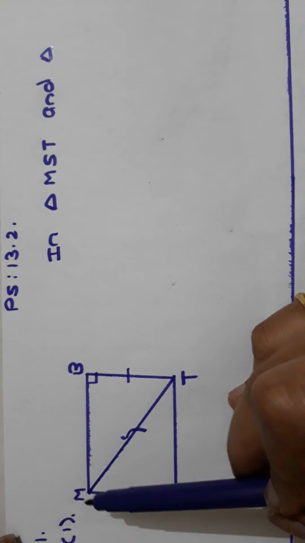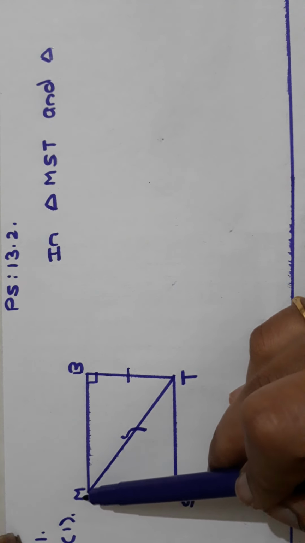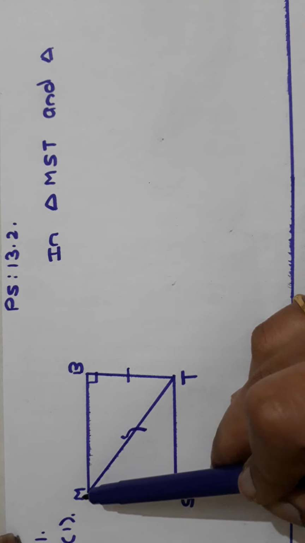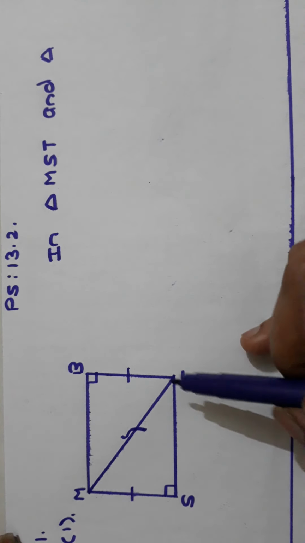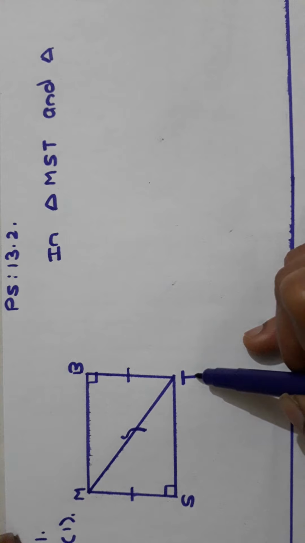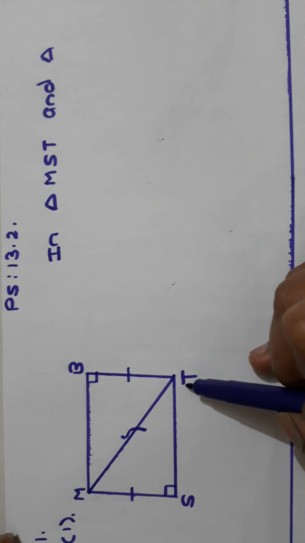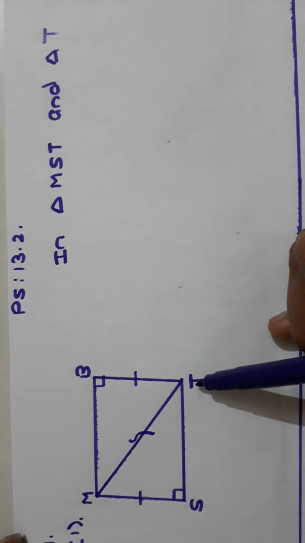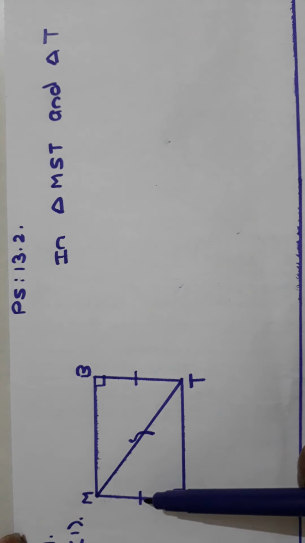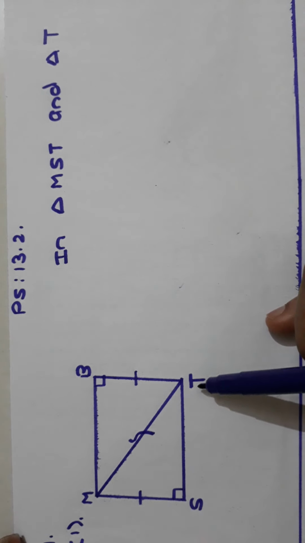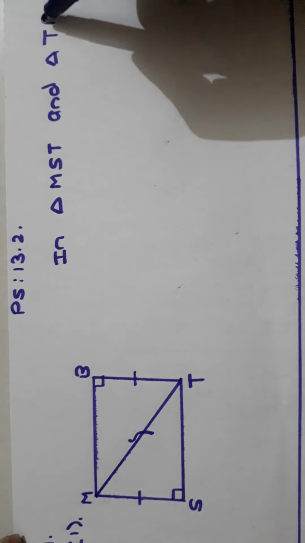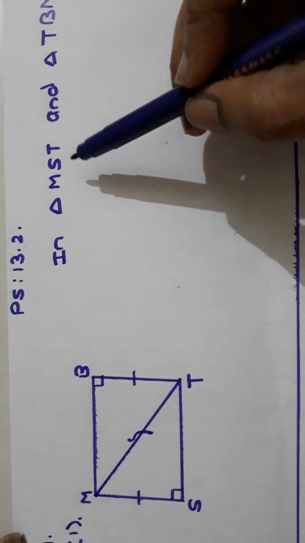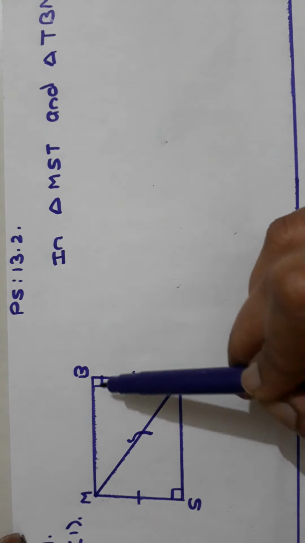Now since I started at vertex M for the first triangle, I'll start at a vertex opposite to the vertex M for the second triangle. Now the vertex opposite to M is T. So I'll start at T and then M to S is followed by a single line. So T to B, TBM, MST and TBM.